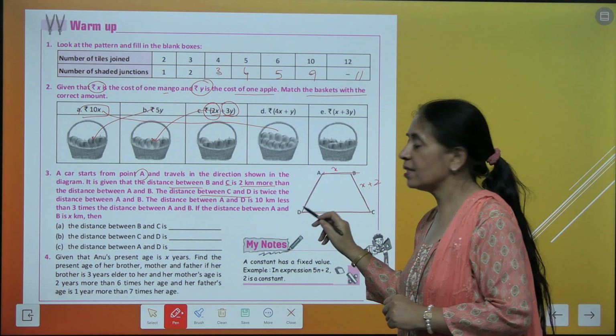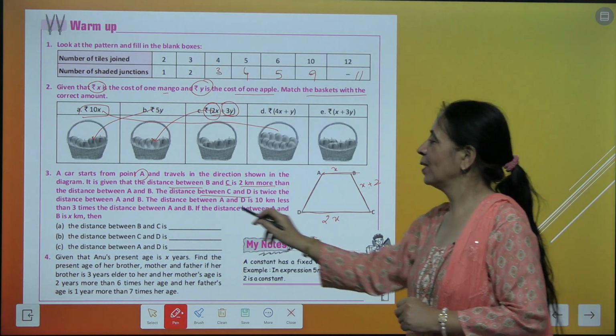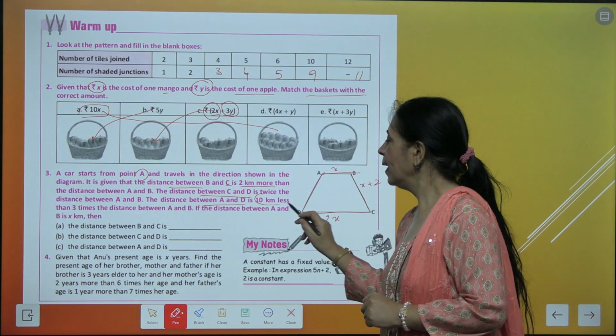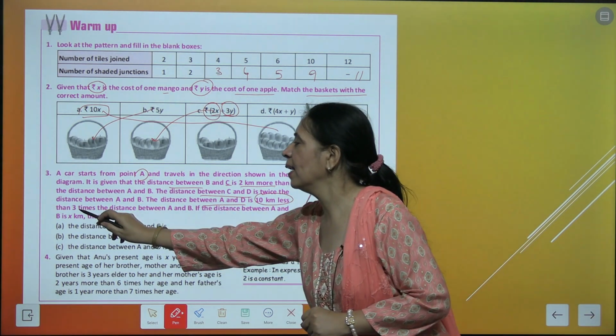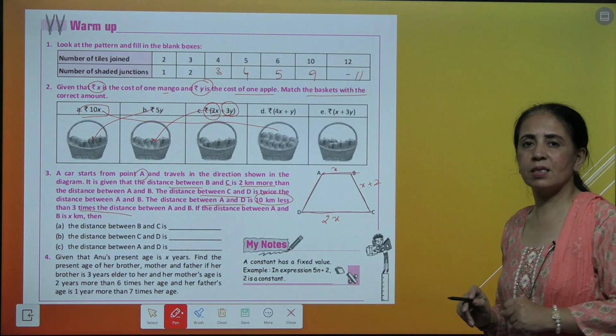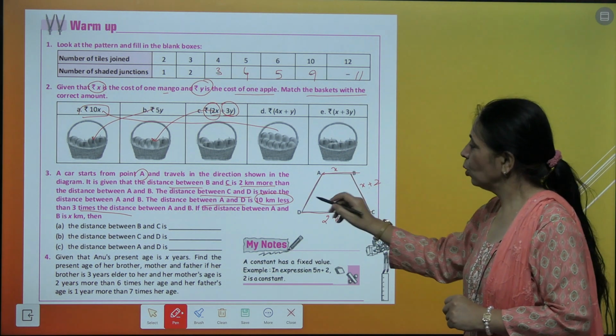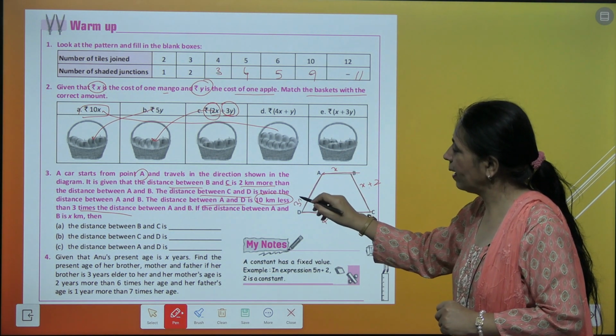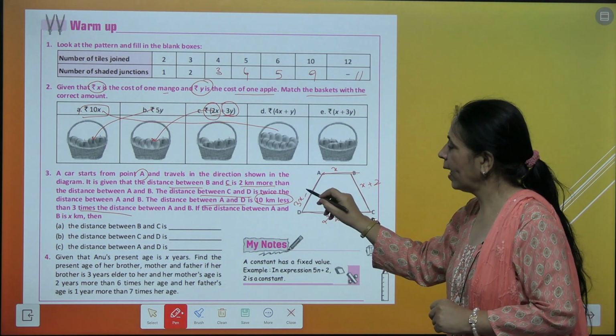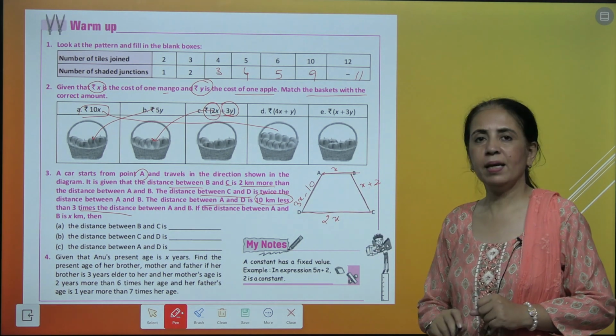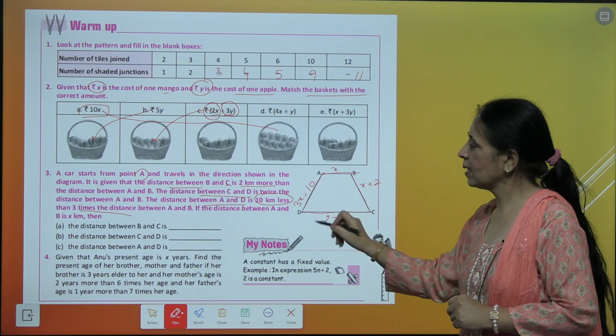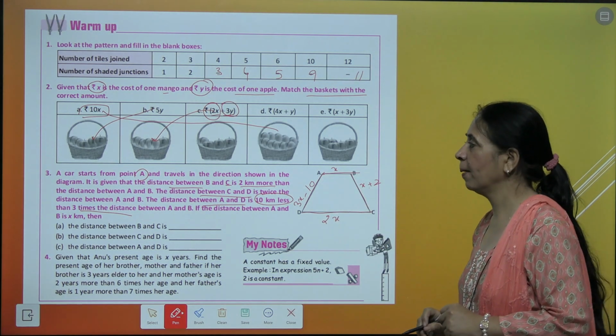And now we come to the distance AD. So the distance between A and D is 10 kilometers less than 3 times the distance between A and B. So 3 times the distance between A and B means 3x, and 10 less means minus 10. So we now know all the distances.